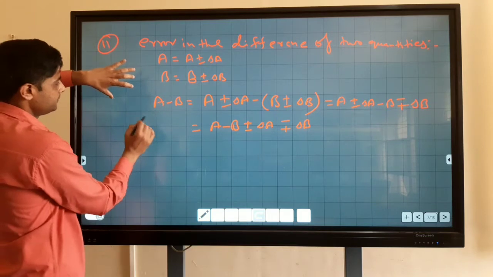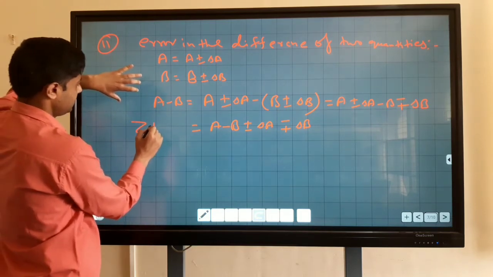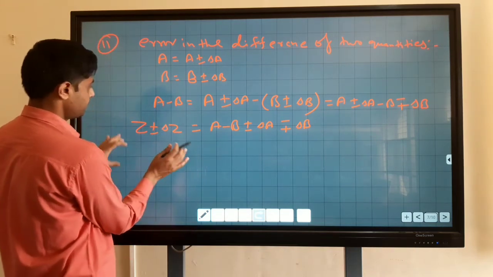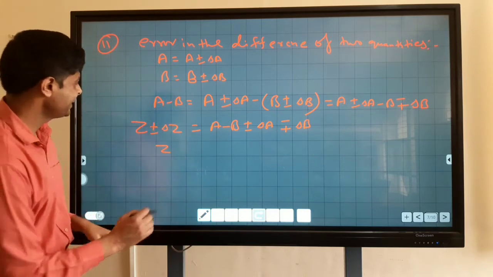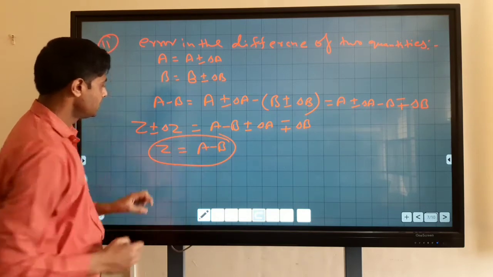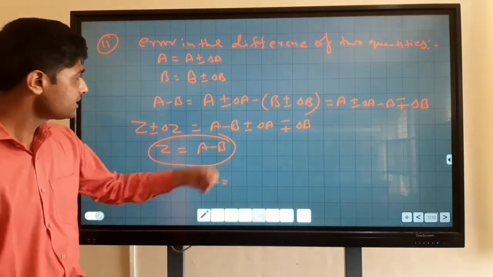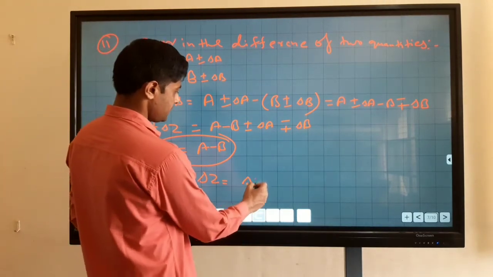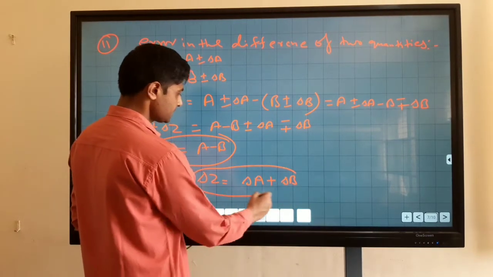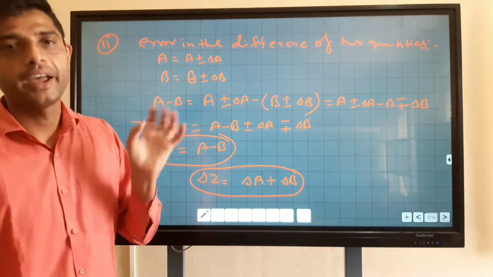And this is equal to the difference Z plus minus del Z. So the difference in physical quantity Z equal to A minus B, and the error del Z is given by del A plus del B, because we have to take always maximum error.